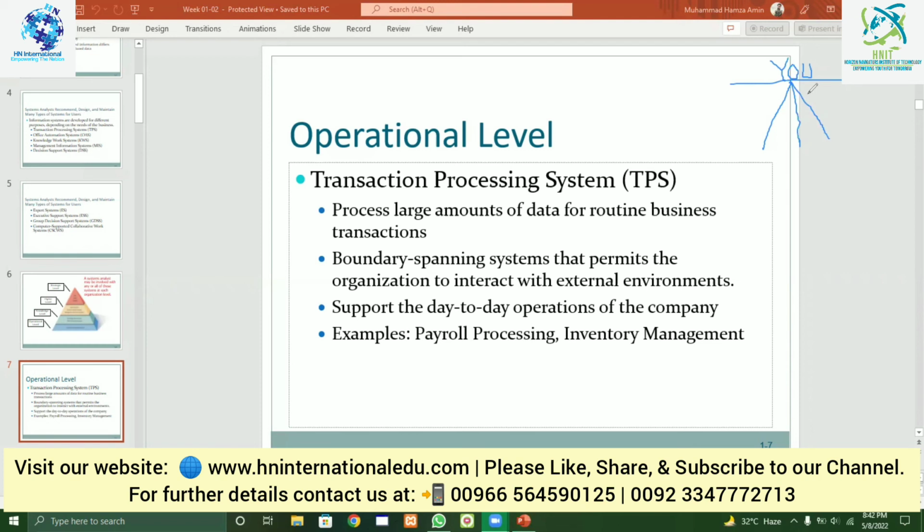Here we have the employer, that is you, and you have thousands of employees. I am your employee, and I have an account in Al Rajhi Bank. Here is a bank.